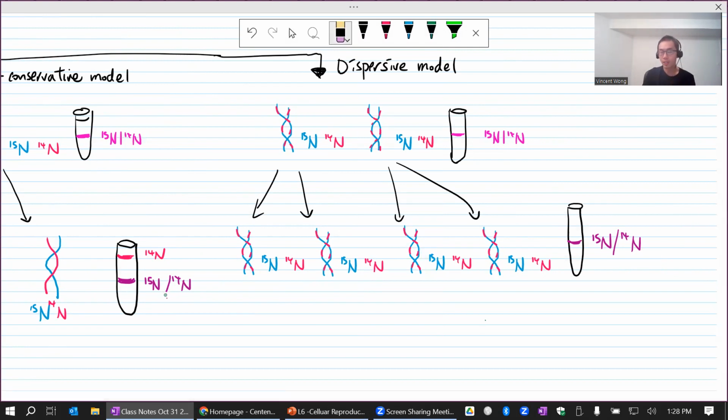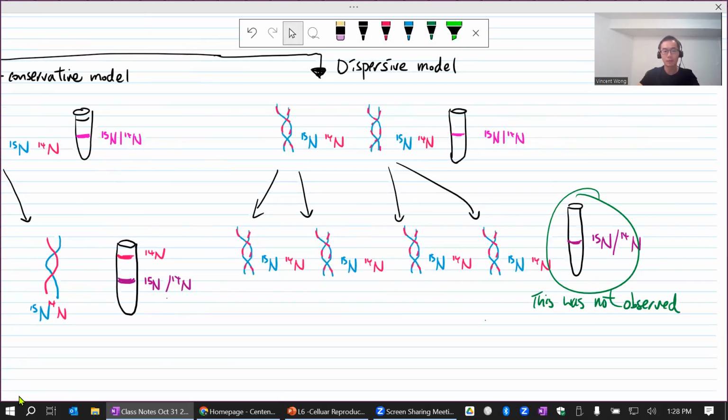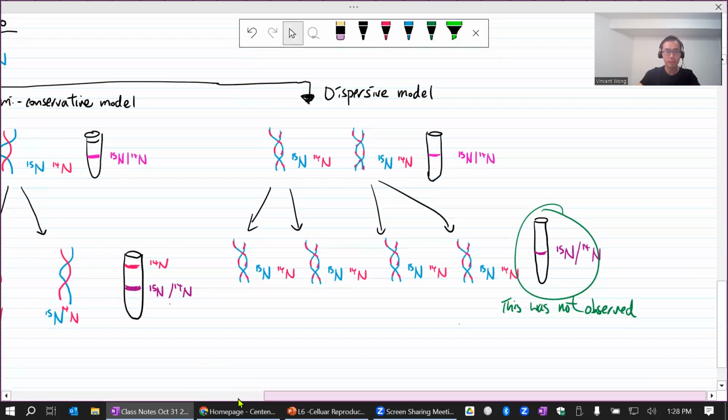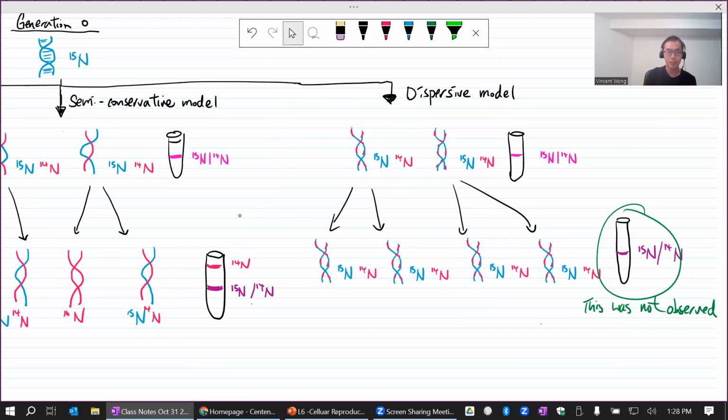So what's the situation? What did they see? Well, this was not observed. What's the conclusion then? This is the correct model. That's what they saw.